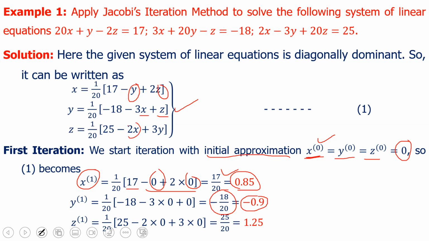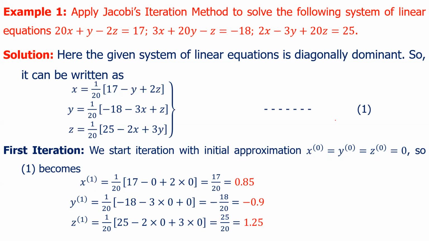And if we put x and y as 0 in the third equation, we are getting z1 equal to 25 upon 20, which is 1.25. So this is the first iteration, where we get the values of x, y, z by putting the initial values of x, y, z equal to 0. So this is iteration number 1.